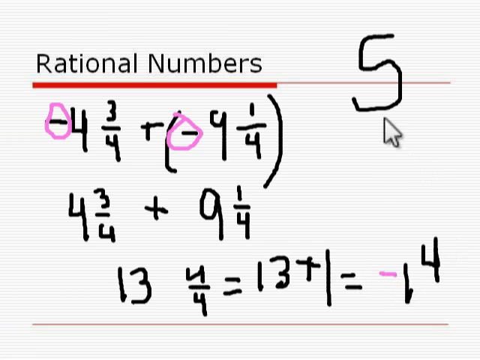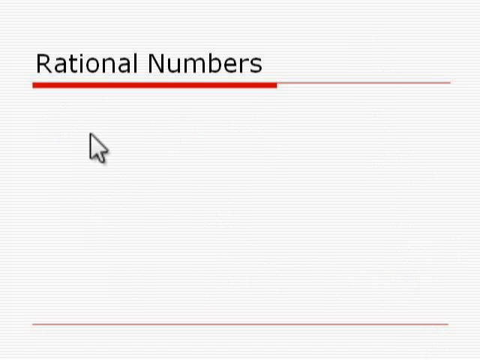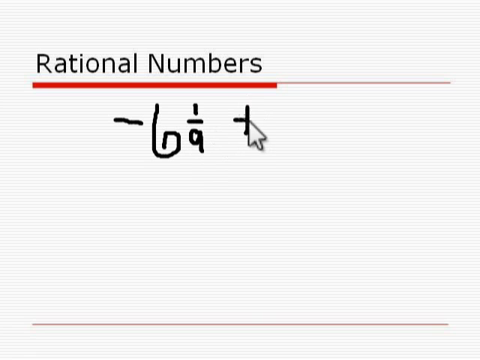Okay, just remember that if you have two negative numbers, like, let's just do a really quick one. Negative 6 1/9 plus 7/9. Try and squeeze this in at the end of the video.